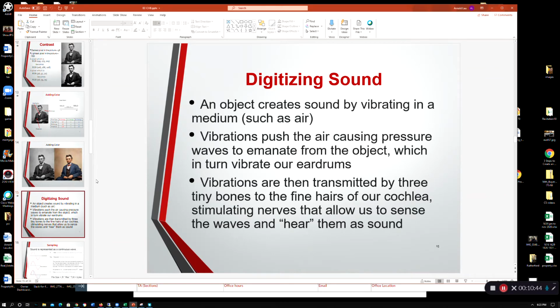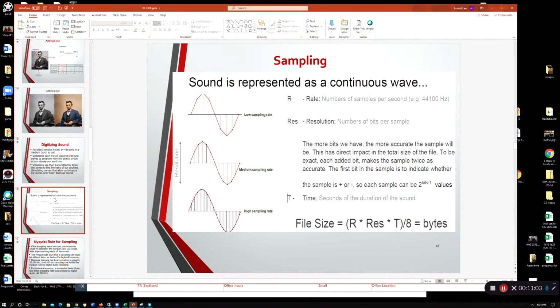It's not like that. And then that hits your ear and the tiny bones within your ear. That translates it into a signal that your brain will understand as sound. Okay. And so let's take a look at what this means.